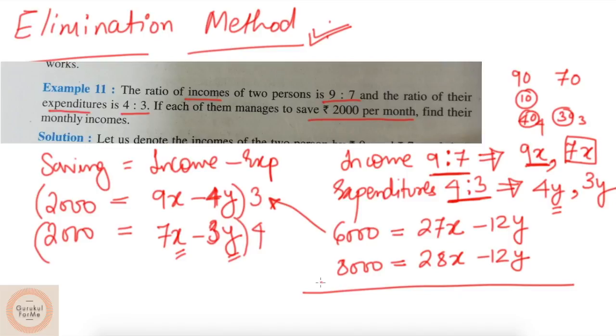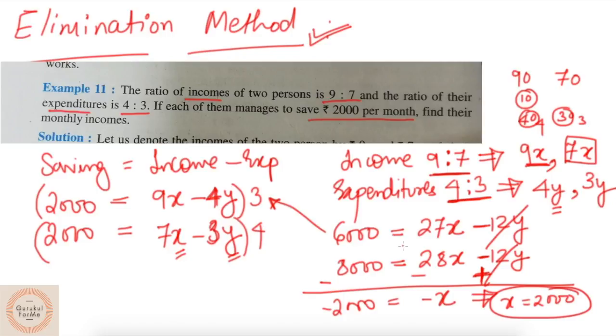It means if I subtract both the equations, this becomes plus. Why did I subtract? Because I wanted to eliminate 12y. Minus 12y and plus 12y. So this gets cancelled. And essentially this becomes minus x is equal to minus 2000, and so x is equal to 2000.